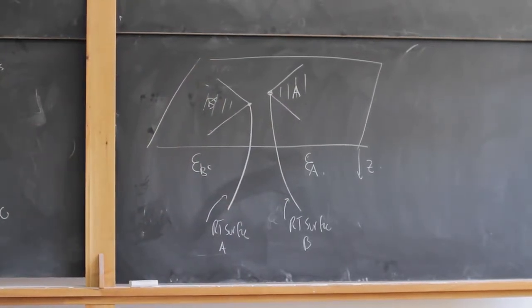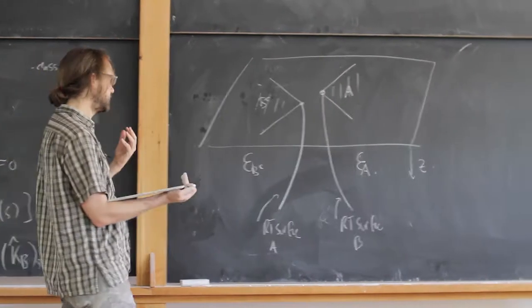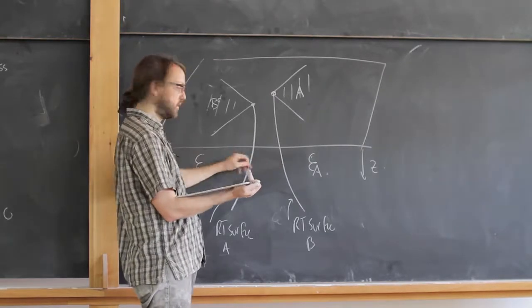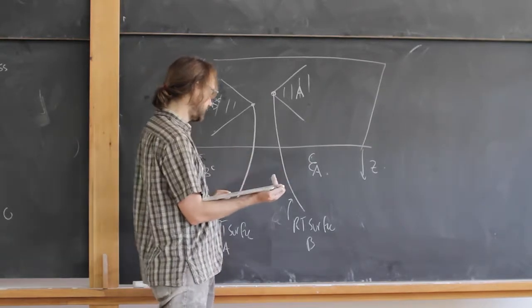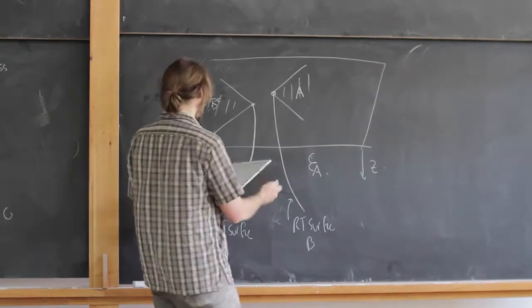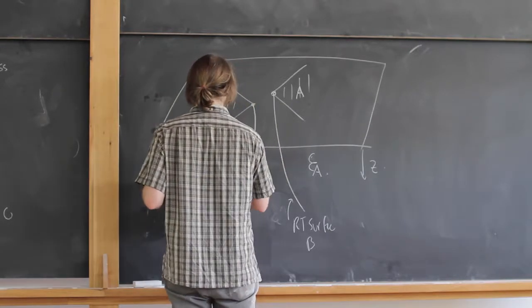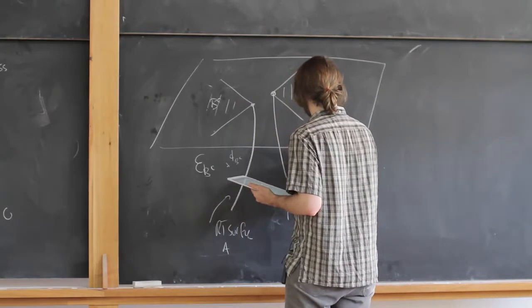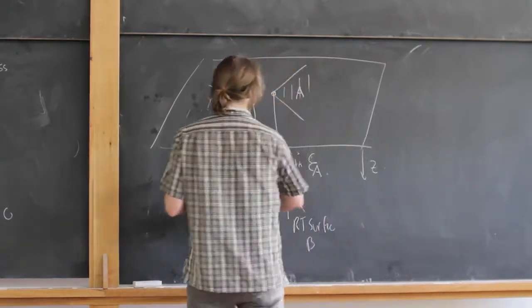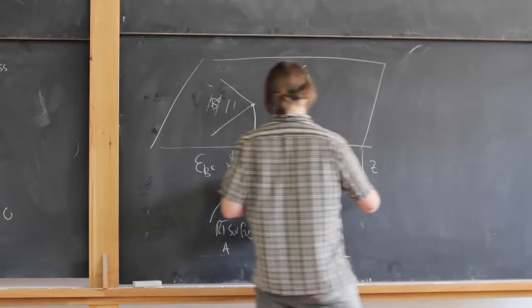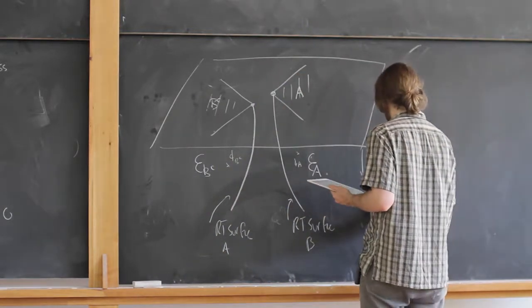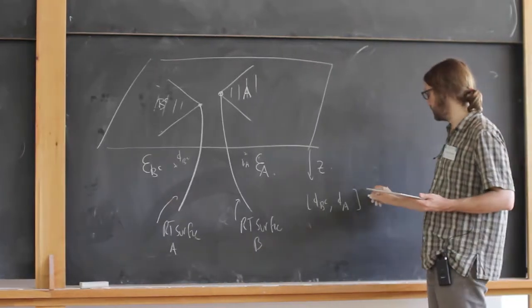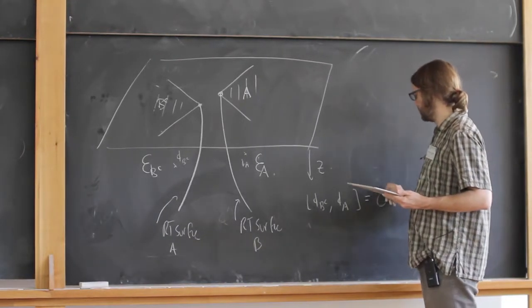One natural question is: is there a way in the bulk to communicate between these two regions? If I have a bulk operator phi B complement here, and phi A there, can I send a signal between the two? Do these operators have a non-zero commutation or not? You can argue that this should be 0.